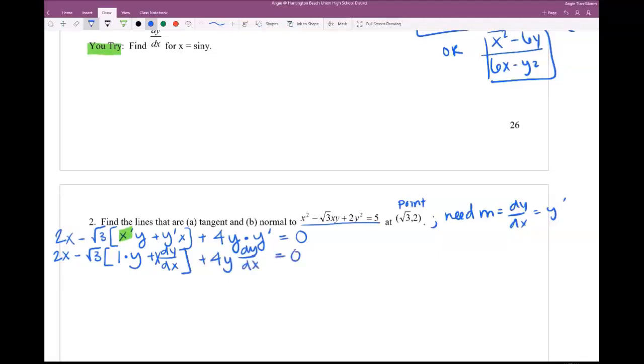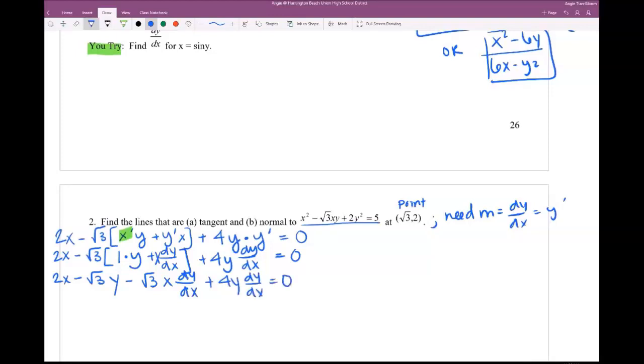You don't have to. I do it so I make sure dy/dx are always on one side. Then from here, I'm going to distribute the rad 3. So rad 3 times y is negative rad 3y minus rad 3x dy/dx plus 4y dy/dx, okay, equal to 0.